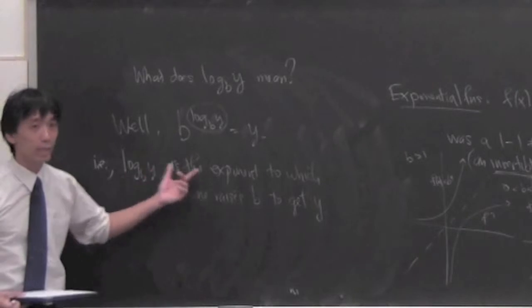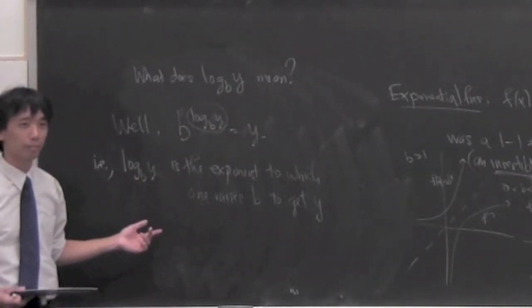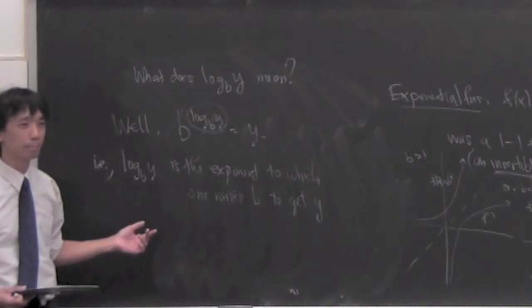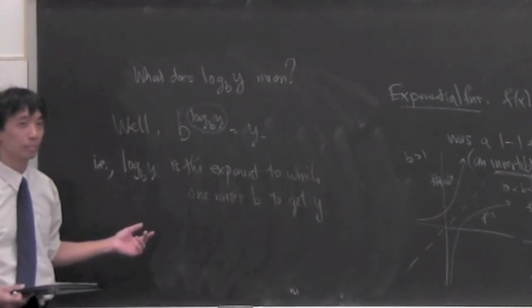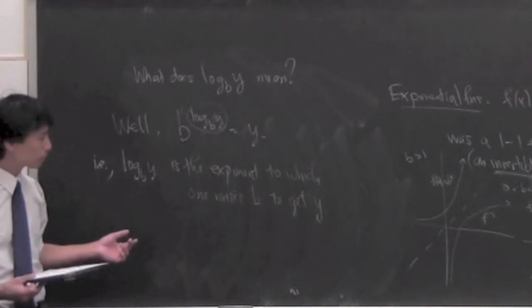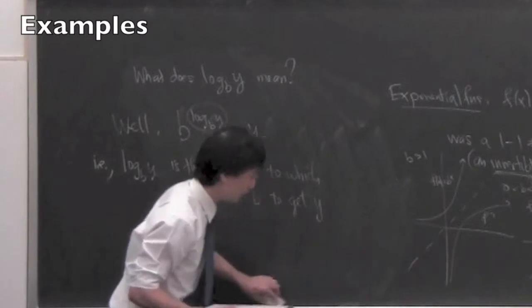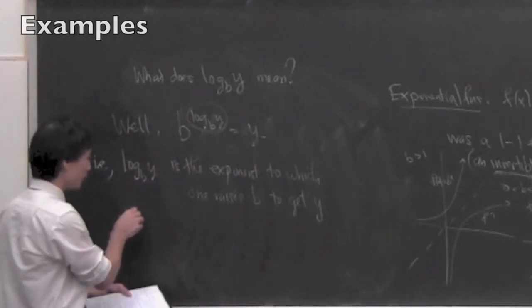Log base b of y is the exponent to which you raise b to get y. Okay, so this seems sort of confusing, but let me give some simple examples, and then it will become somewhat clear.